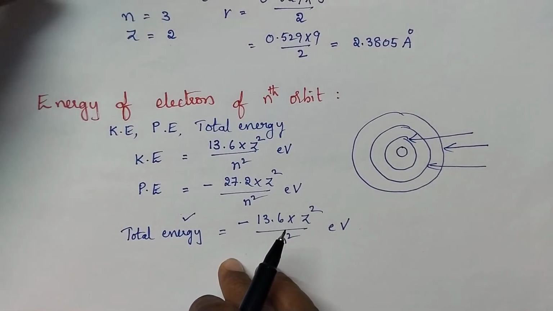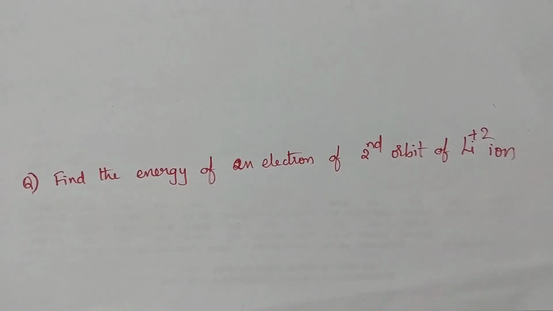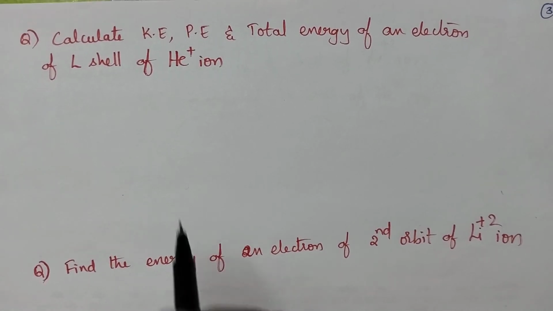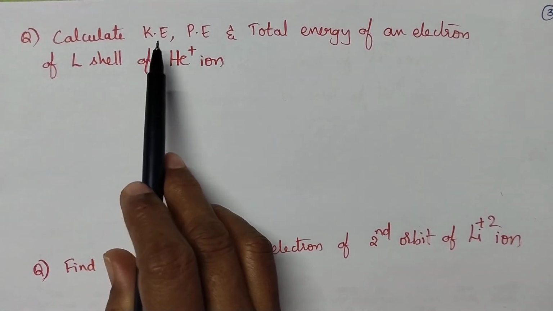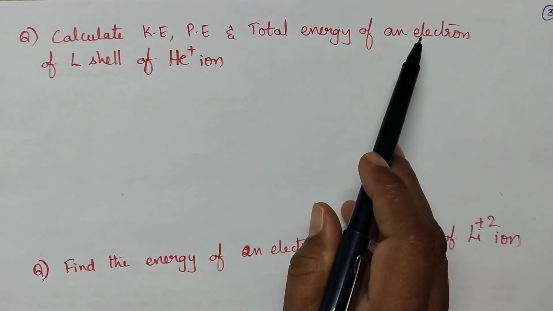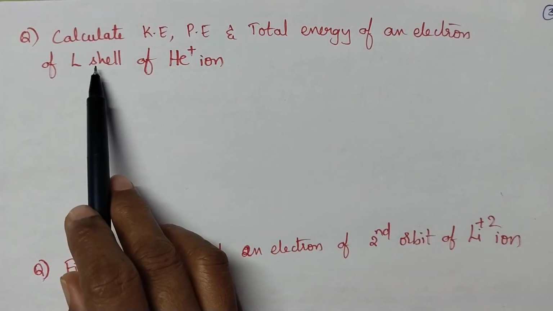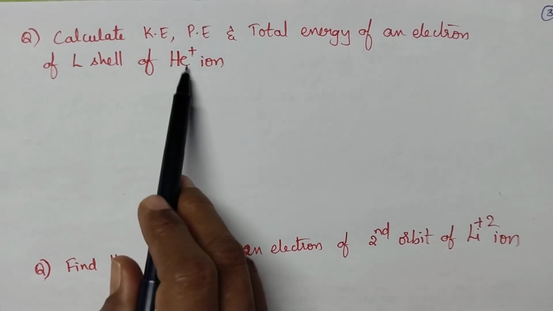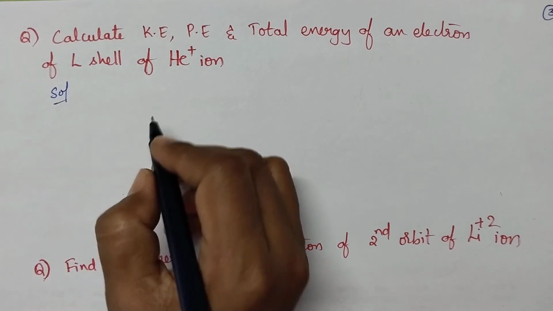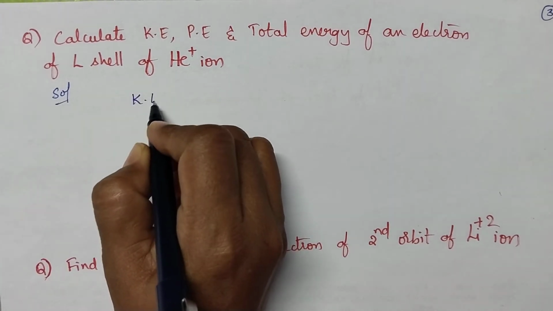Let us see few examples. Calculate kinetic energy, potential energy and total energy of an electron present in the L shell of helium ion. What is the expression for the kinetic energy, students?